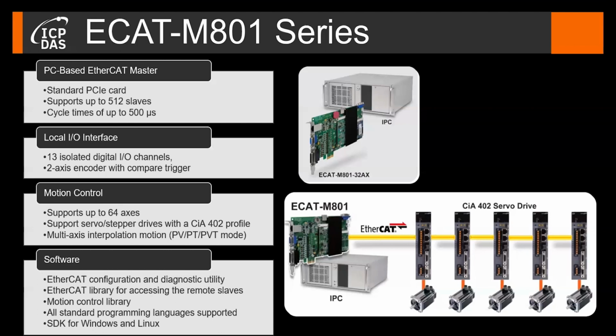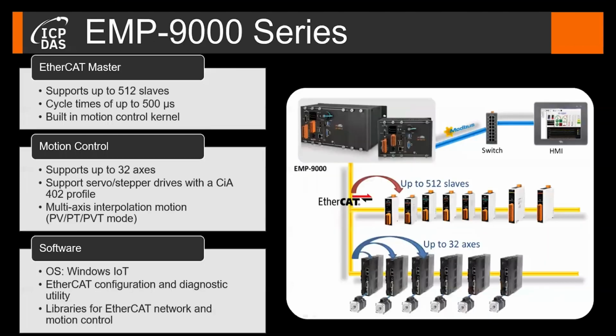The motion engine generates several types of motion profiles, including point-to-point, linear and circular interpolation, and contouring. The product comes with an extensive software package, such as a software utility and workbench for configuring, testing, and diagnosing the EtherCAT network. All libraries for motion control execution and for direct data exchange with remote slaves are available. The libraries can be linked to any standard programming language.